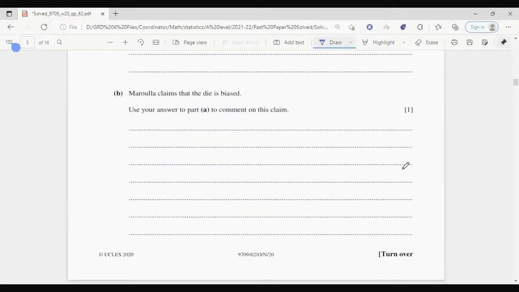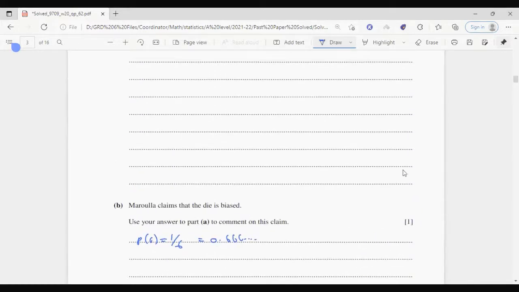Now, Marola claims that the die is biased. Use your answer to part A to comment on this claim. Now we know that the probability of getting a 6 is 1 by 6, which is equivalent to 0.166.